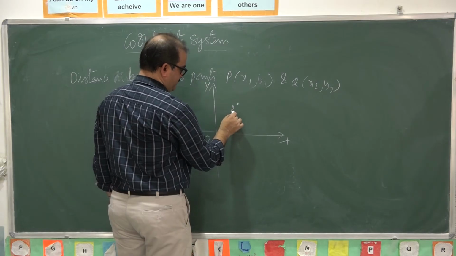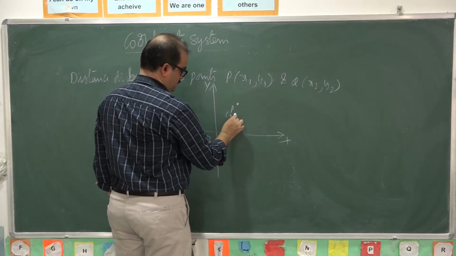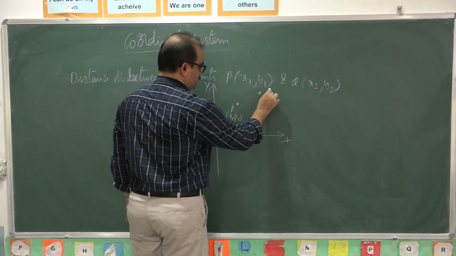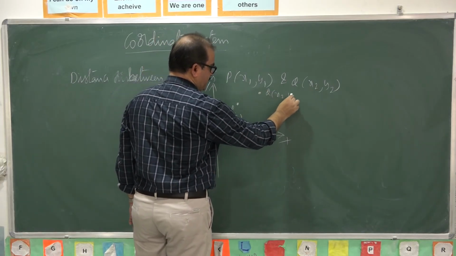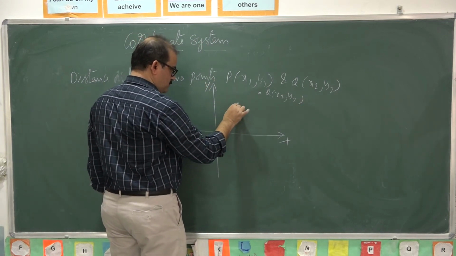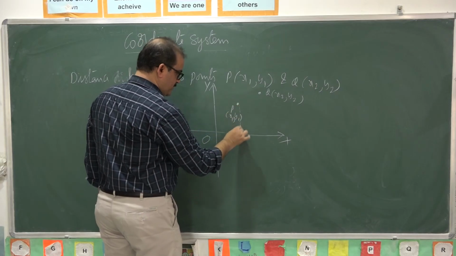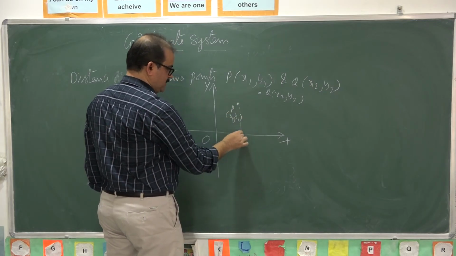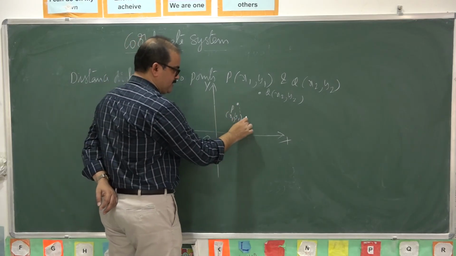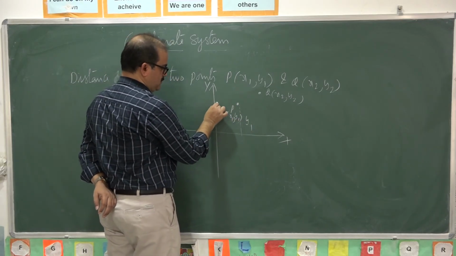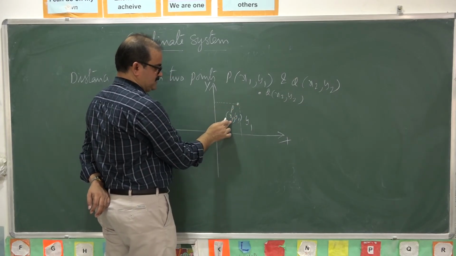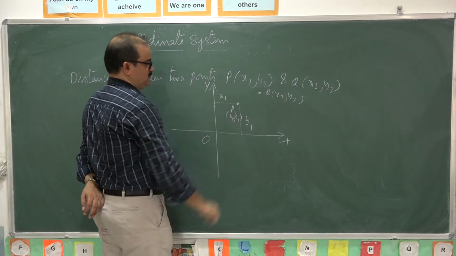This is the point P x1 y1. This is the point Q x2 y2. You know, distance of this point P from x-axis is y coordinate. What is y coordinate here? y1. Distance of P from y-axis is x coordinate. This is x1.